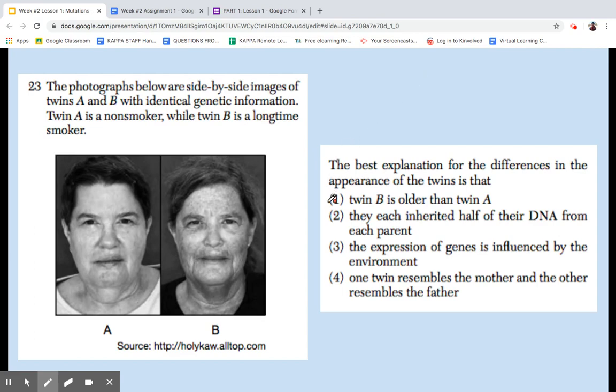We know that 1 is definitely not true. We know that when you are born, you inherit DNA from each parent, so that might be true. We know that the expression of genes is influenced by the environment.